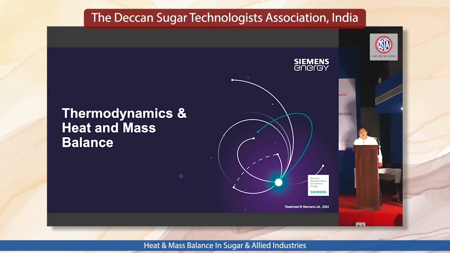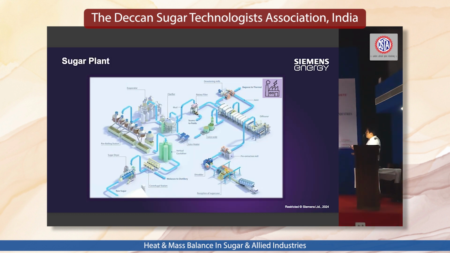Good afternoon. Thank you for this opportunity. In this whole sugar plant, what we are now going to talk about is this particular cogeneration plant, which is a part of the complete sugar plant. What is best for this sugar cogeneration plant is that it has inherent fuel, which is the byproduct of the process plant.